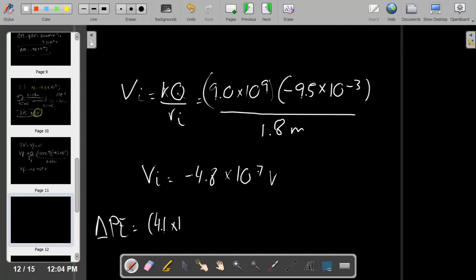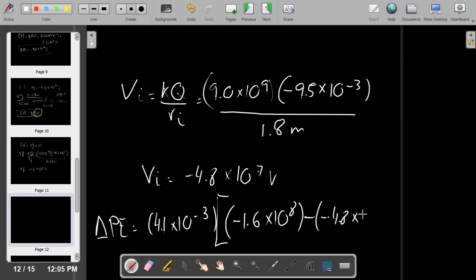I needed to multiply that by 10 to the minus 3 to make it into coulombs. And then I put it directly here. I put my final, minus 1.6 times 10 to the 8, minus minus 4.8 times 10 to the 7 volts.